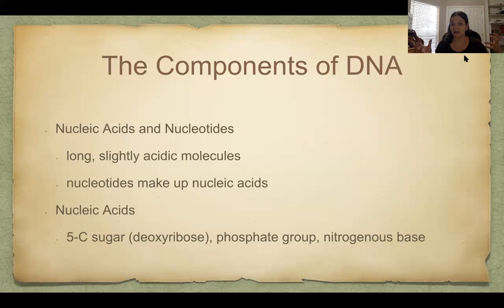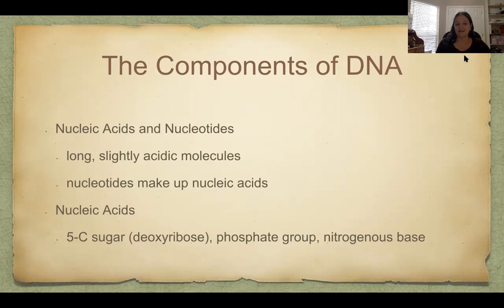They're a chain made up of these building blocks, these Legos, called nucleotides. Nucleic acids are very long, slightly acidic molecules. You should probably have picked up on the acidic part because they're called acids. Okay, and so a chain of nucleotides makes up the nucleic acid.